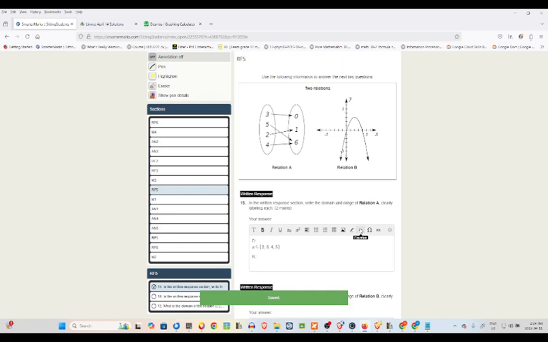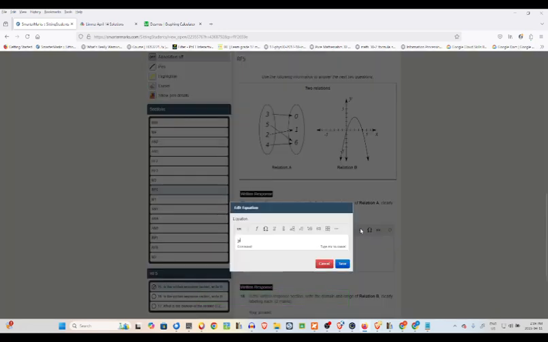Our range here, Y is an element of the set on top, 0, 1, and 6.